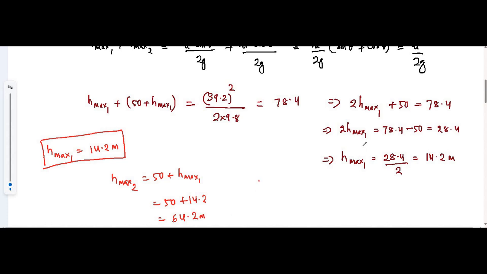So H max 2 is equal to 64.2 meter. Okay, so here we have got both the results, the maximum height achieved by the first ball, the maximum height achieved by the second ball.